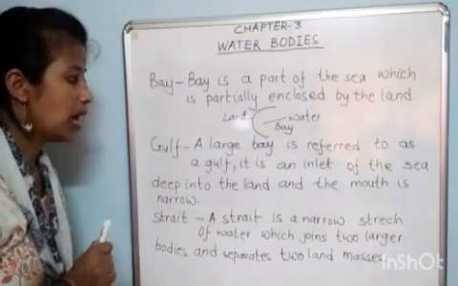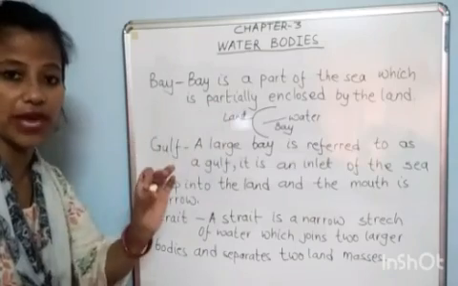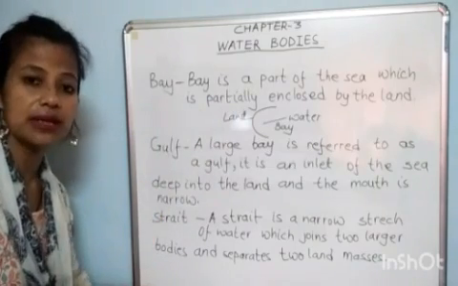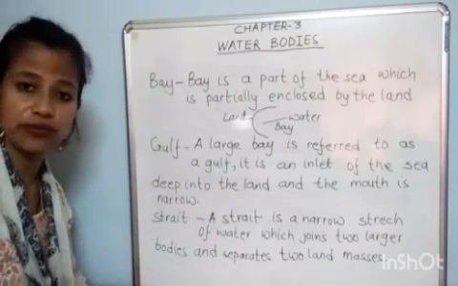Second one, Gulf. A large bay is referred to as a Gulf. Generally, a large bay is called a Gulf. It is an inlet of sea, bigger than a bay. This is water, and this part is called a Gulf.